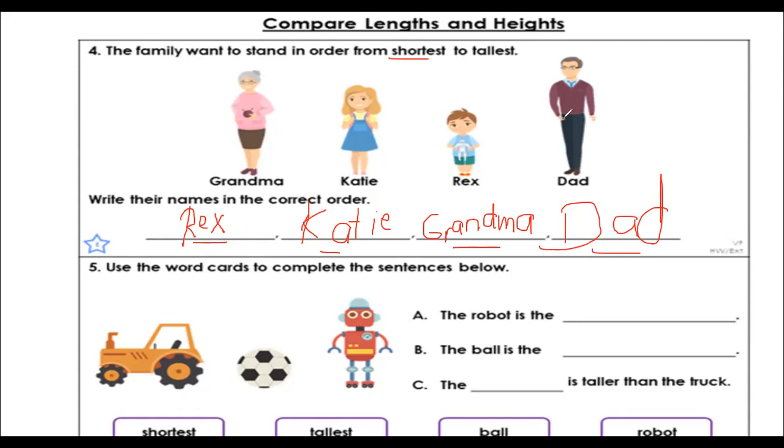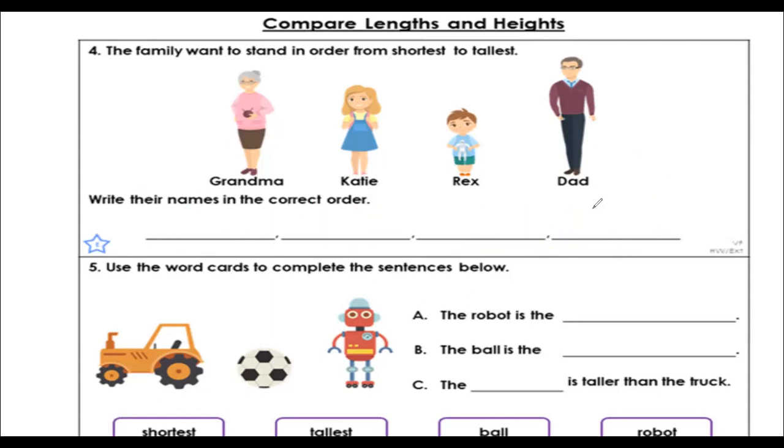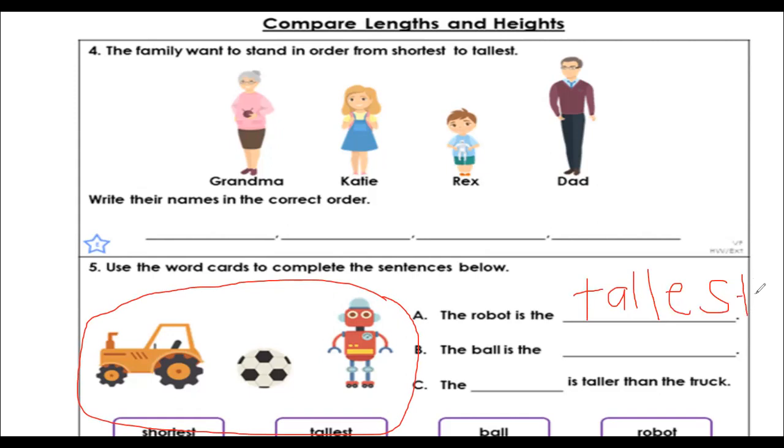Wow. Okay, great. So another one here. Let's do the other one. Okay, I cannot move the picture, but let's try to answer. Here, use the word cards to complete the sentences below. Here, the robot is the, what is it? Tallest. Let's do this.